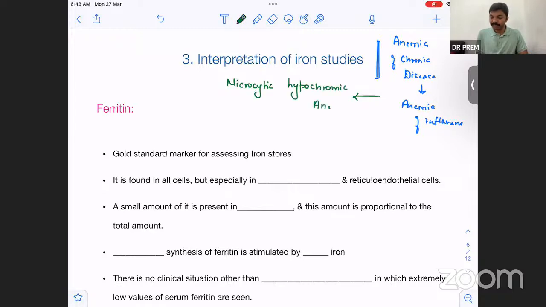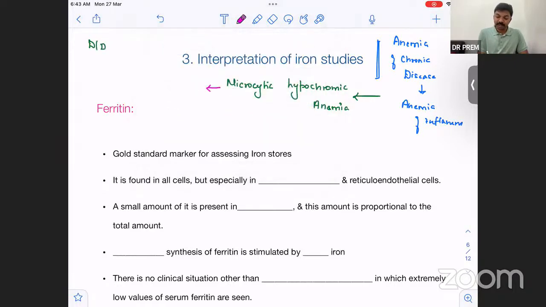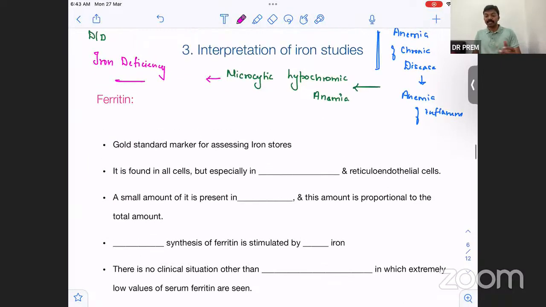And when it comes to microcytic hypochromic anemia, the other very common differential diagnosis is going to be iron deficiency. So frequently we are getting questions where we have to discriminate between iron deficiency anemia and anemia of inflammation, which is why we have to be very familiar with the markers for iron deficiency and how iron studies get altered in anemia of inflammation or iron deficiency anemia.